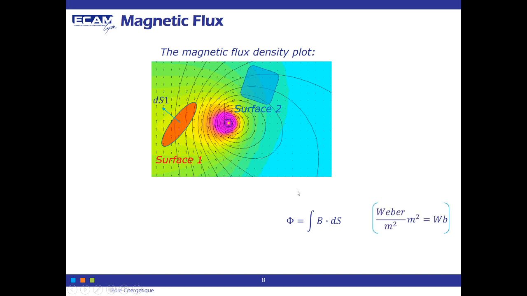So, the unit of the magnetic flux is the Weber. In here, the first term, Weber per meter square, is Tesla. And voila, when the surface is meter square, that is how it becomes Weber.